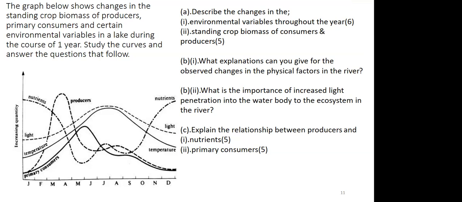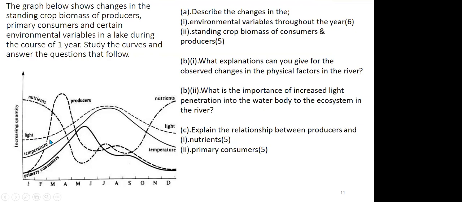Then for light, between January and February, the light intensity is almost constant. Okay, actually, is it almost constant? Okay, there's a slight increase, which we can say is a gradual increase.